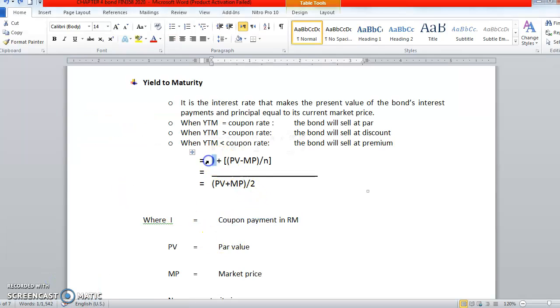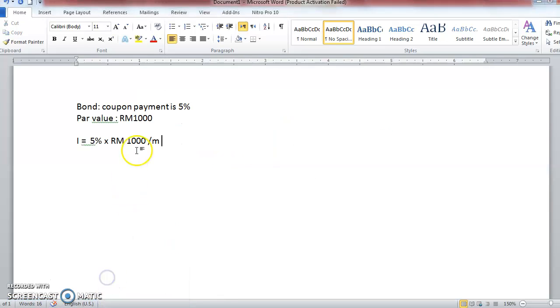Over here, just remember, if the coupon is being paid once a year, per annum, then no need to divide by anything. If you divide by 1, it's just the same, right? But just remember, if the coupon is being paid semi-annually, twice, then you have to divide by 2. Faham ya?